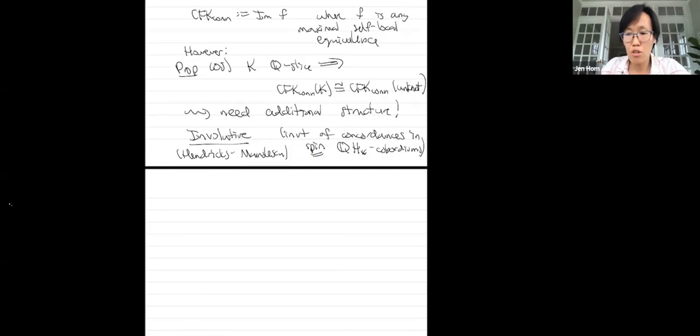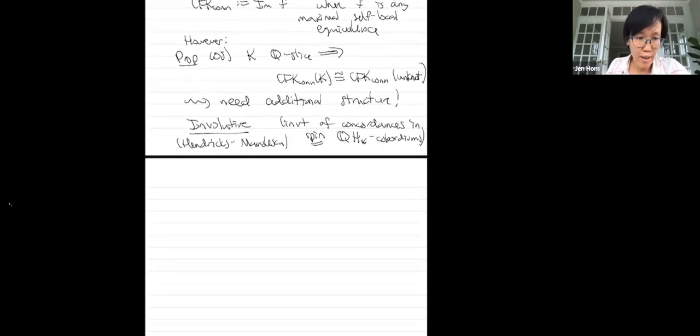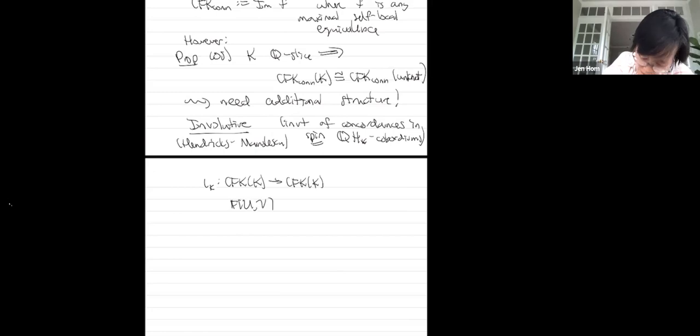Okay, so in terms of the knot Floer complex, what does this extra structure look like? Well, we get this endomorphism iota K from the knot Floer complex to itself. What kind of map is this? Well, this is skew equivariant. So basically it just swaps the actions of U and V. That's what skew means in this context.